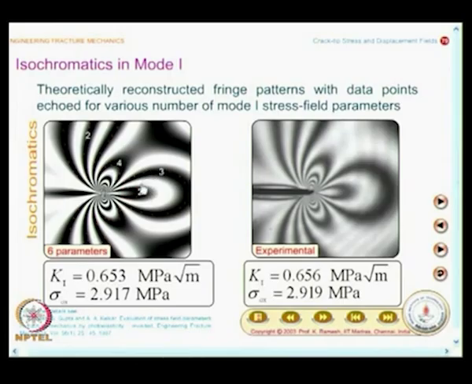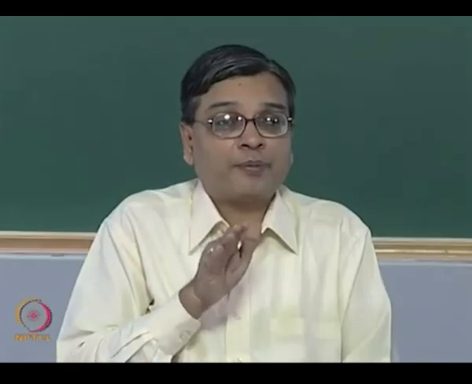Here, in order to ensure that my final solution is matching with the experiment, the fringe patterns are reconstructed and you ensure that we have converged to a proper minimum, so that the solution is indeed representative of the stress field.